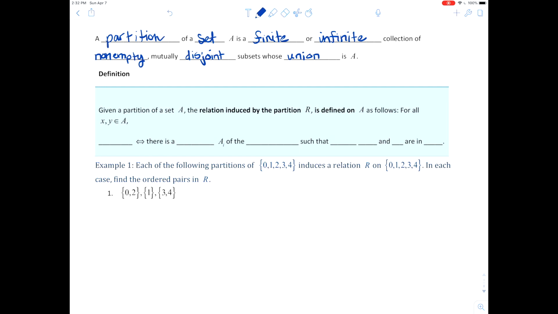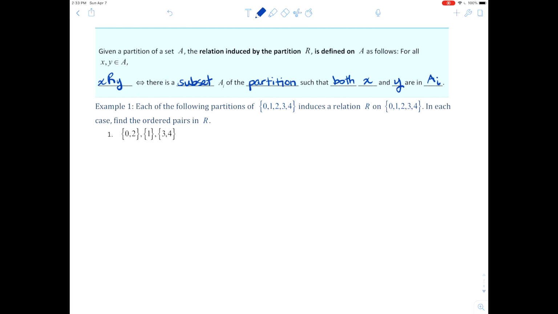For all x and y that are elements of A, x R y if and only if there is a subset A sub i of the partition such that both x and y are in A_i, okay? All right, so let's take a look at an example to get a feel for what's going on.